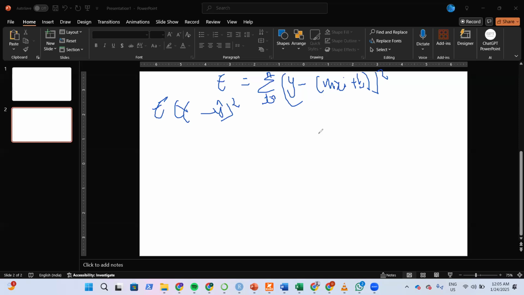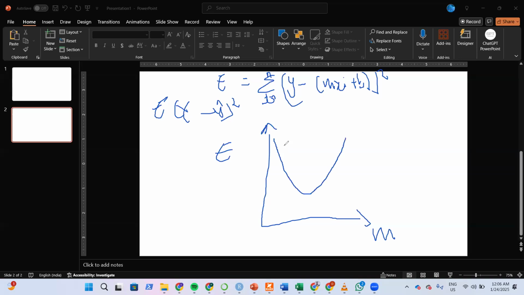So how does it get m and b? If you plot a graph of error against m, keeping b constant, with error on the y-axis and m on the x-axis, it's going to be a parabola.